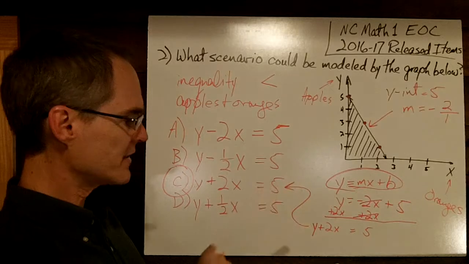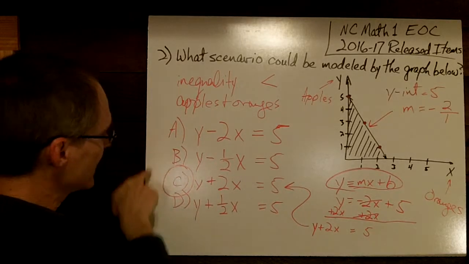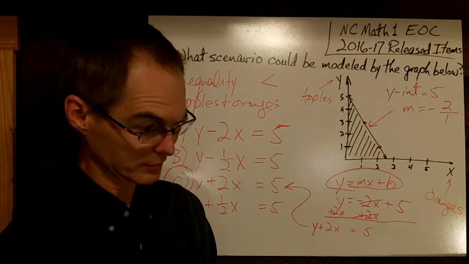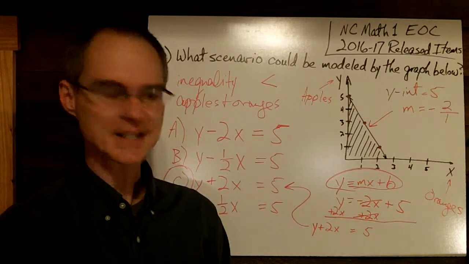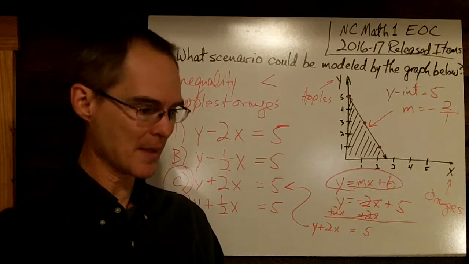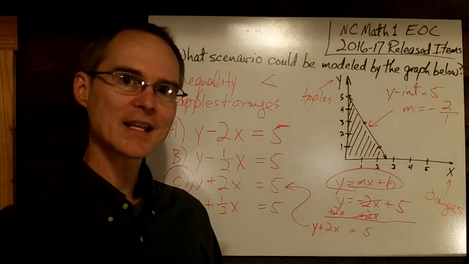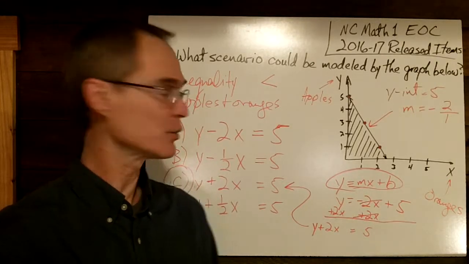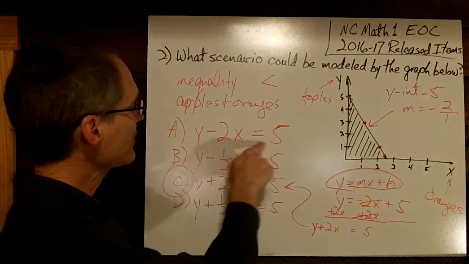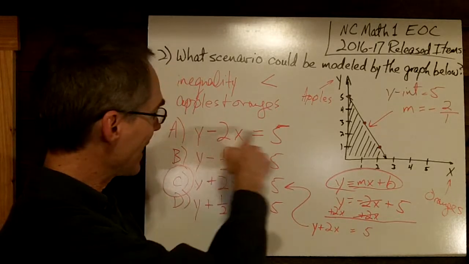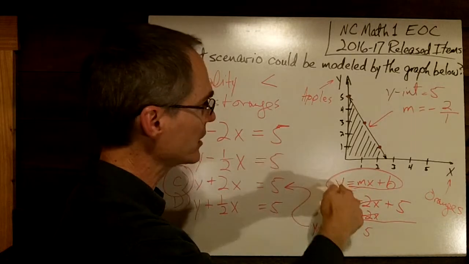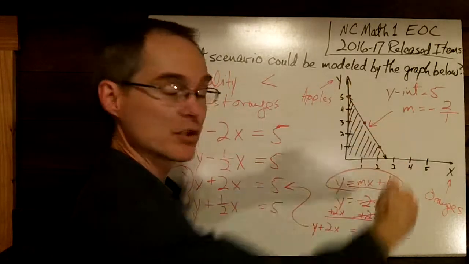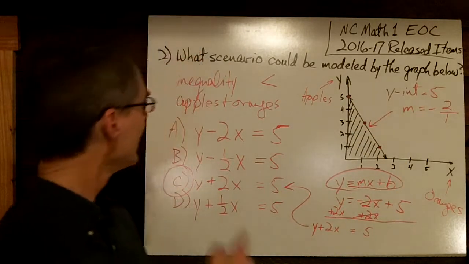Second thing, notice that we were translating the words. Our answer choices were all given to us in fairly long sentences. The number of pounds of apples, y, minus 2 times. We translated each one of those expressions in words into math notation. And by doing that, we were then able to compare it to the math notation that we came up with for our equation of this straight line over here.